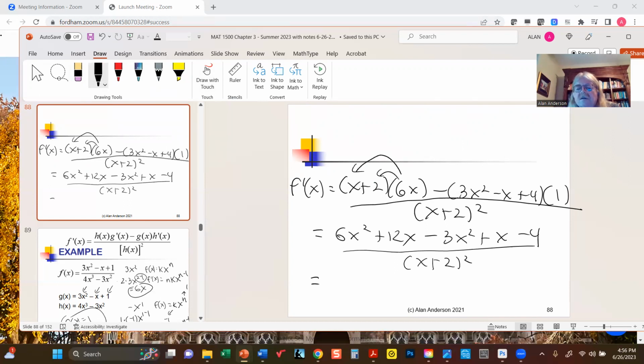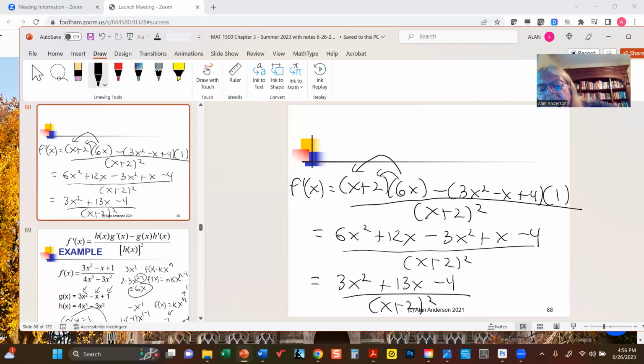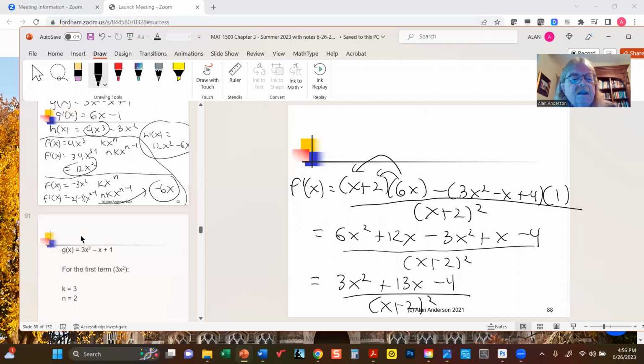We have some like terms, 6x squared and minus 3x squared, so that's 3x squared. We have 12x plus x. And then we have x plus 2 squared, and we're done. If you want to, you can expand that out, but it's fine the way it is. Okay, so that's our quotient rule.